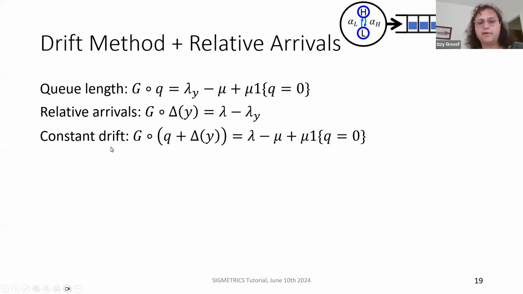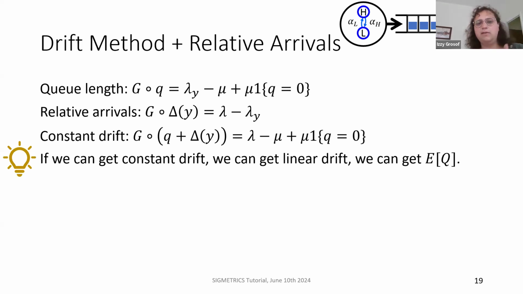So this is the perfect proxy for the Q length. And so now we're ready. A key idea of the drift method is that if we can get a constant drift function, like this one, where other than this edge case, the Q length doesn't affect the drift here, if we can get constant drift, we can get linear drift. And if we can get linear drift, like linear as a function of the Q length, we can get the mean Q length.